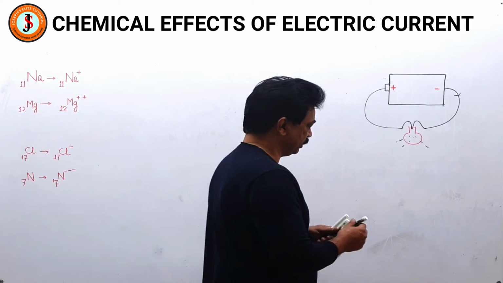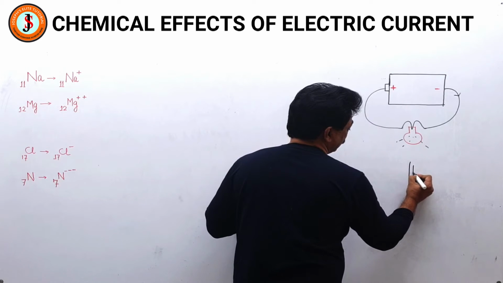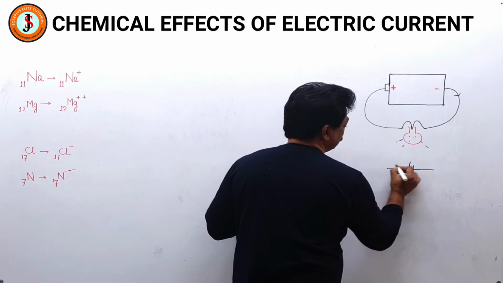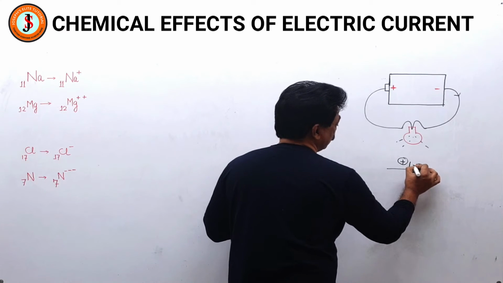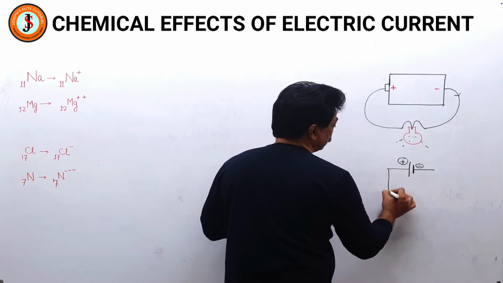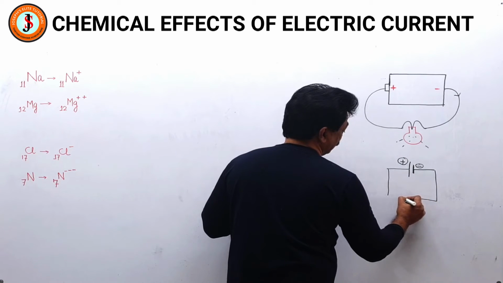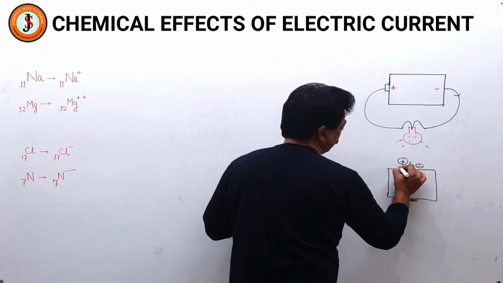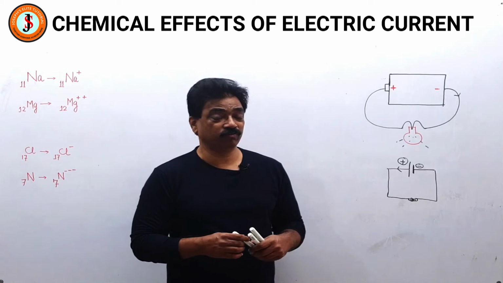And the cell, normally in your higher classes, you will see the cell is denoted like this. That means they will just show the terminals. The larger one is the positive one and the smaller and thicker one is negative. If I have to present this in symbolic form, I will do like this, but you will see the direction marked for the current is just the opposite of electron flow direction.